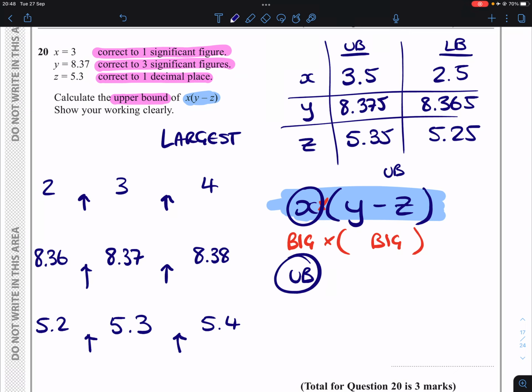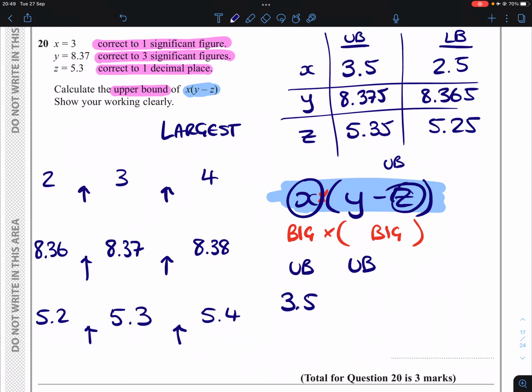I know I'm going to be wanting 3.5 from x. As far as the upper bound of the bracket is concerned, that is a subtraction sum. We have a y, take away a z. In order for that answer to be as big as possible, we want the biggest possible y, and we want to take away the smallest possible z.